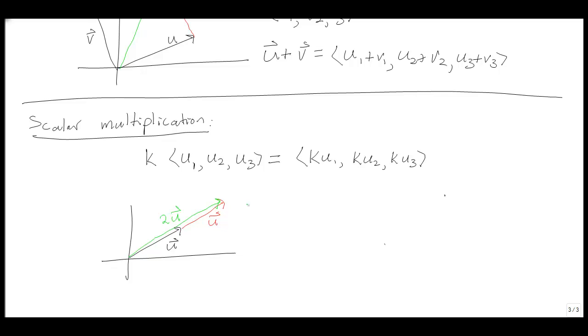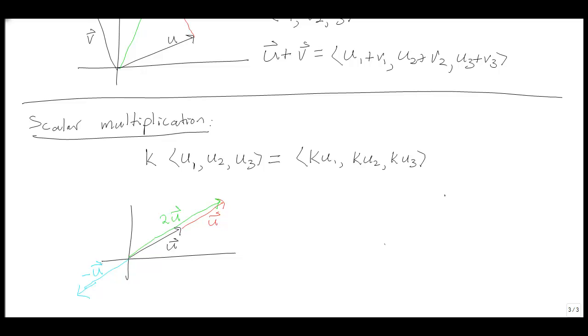An important special case of this is that if I take u and I go the same length but in the exact opposite direction here, we didn't get quite the same length there, let's extend that out a bit, then that's negative u.